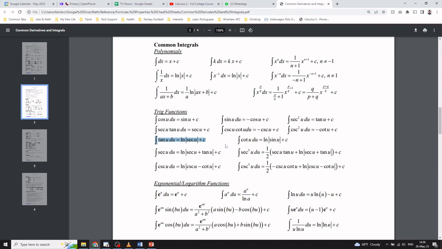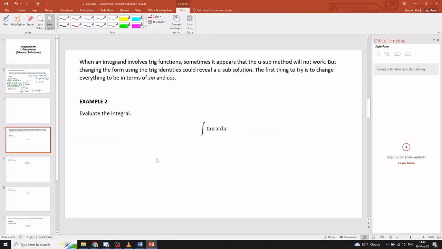And usually you would only use the table for common known derivatives. So not many people commonly know the derivative of ln of absolute of secant u. So the more proper way to do this one is to do a U-substitution.